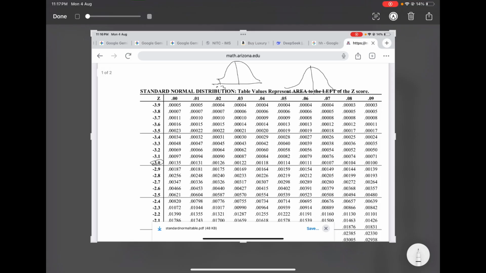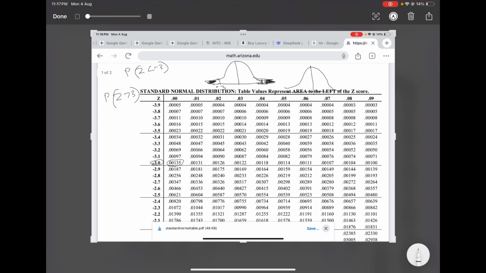The probability of Z less than -3 is 0.00135, so this area. Similarly, if you want the probability of Z greater than 3, it corresponds to this area. Since it is symmetric, this will be 0.00135 itself.